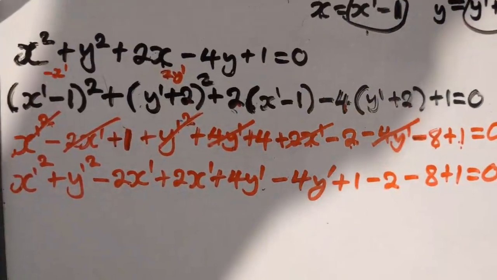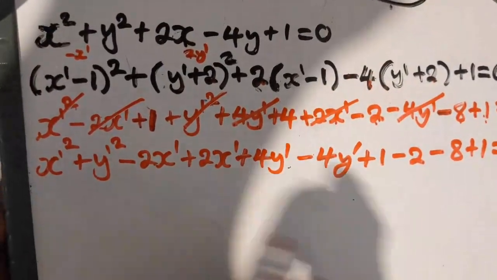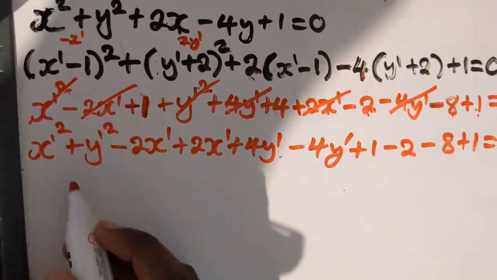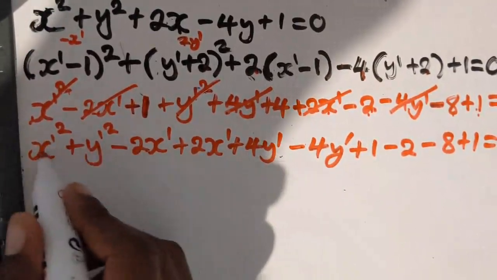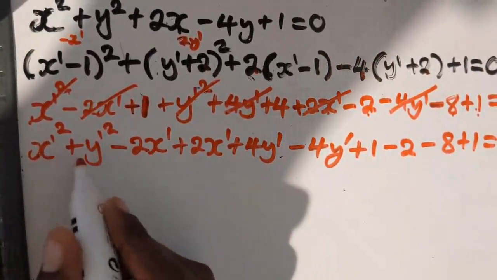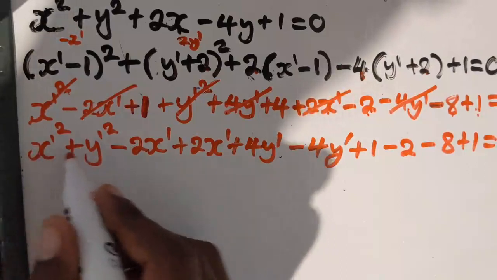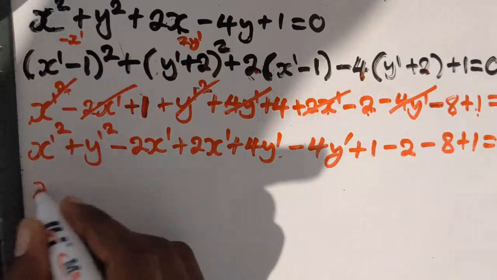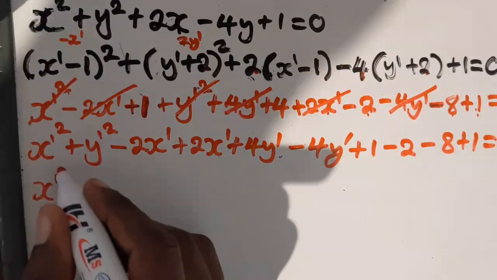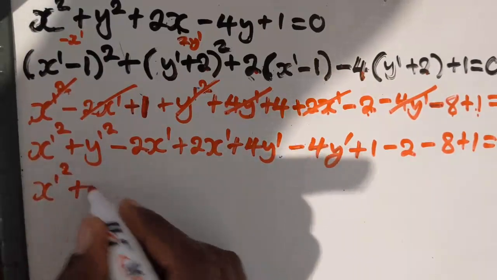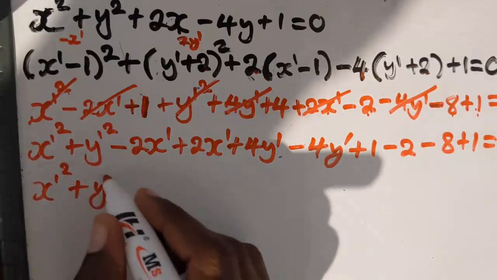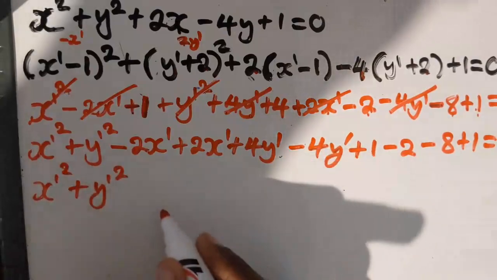I'm doing it slowly so that you are able to understand. Then here now, what you're supposed to do, are these going to be added like this? No, they are not like terms. This is x, this is y, so they are just going to be like that. x prime to the power 2, then plus y prime to the power 2.